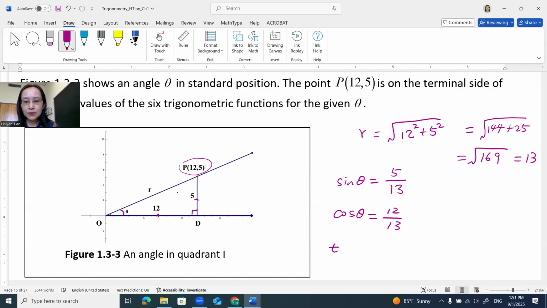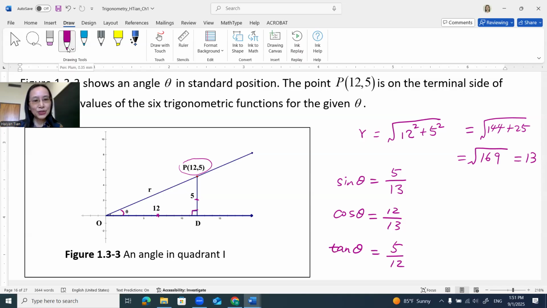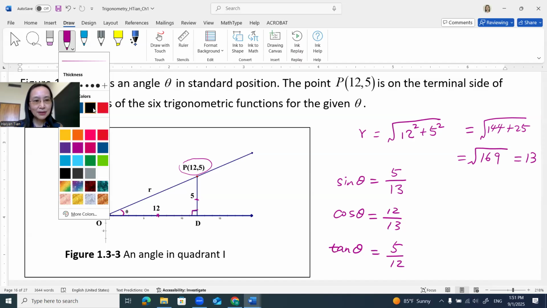Then tangent theta is y over x: y is 5, x is 12. Now we have found the 3 trigonometric function values for the given theta, which is in the first quadrant, because its terminal side is in the first quadrant.